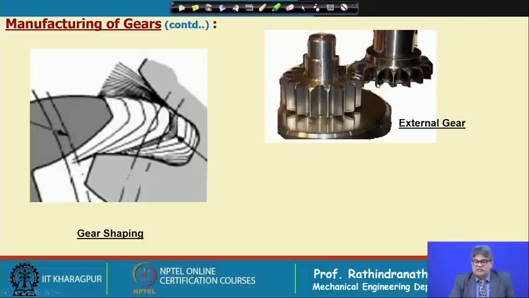So, we can consider as if this is a pinion and this is a gear, and we have to give this motion between the cutter and the gear blank. Then the cutter moves up and down, and the center distance is initially kept the largest when the cutter is just touching the blank, and gradually it comes inside up to the root point.